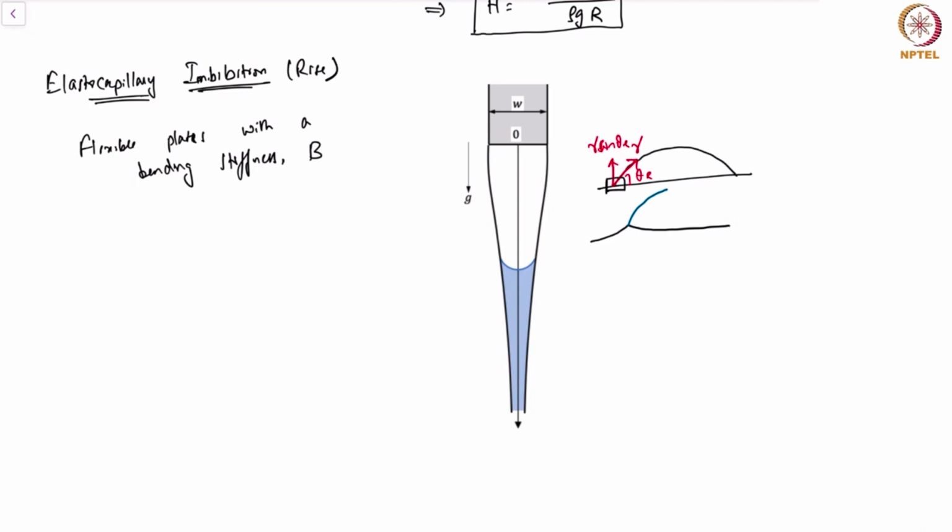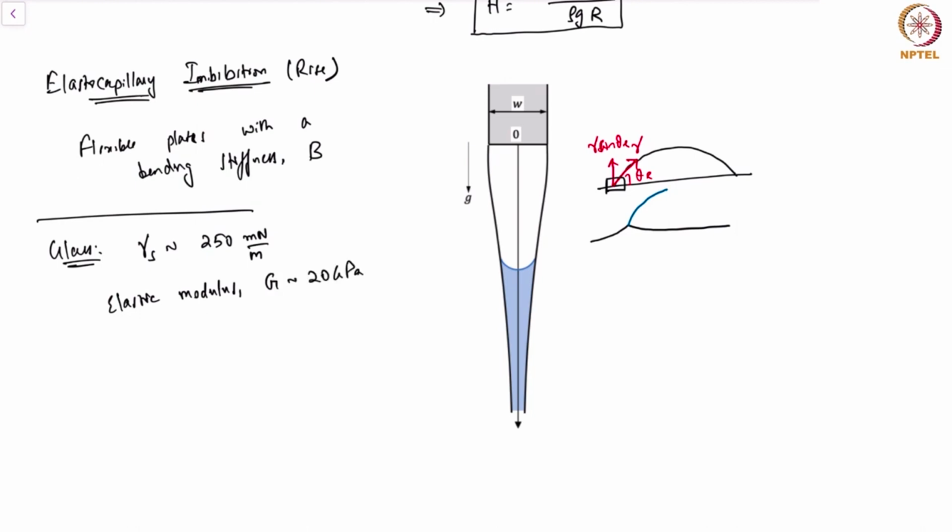If we look at standard surfaces like glass as a medium, then its surface tension is of the order of 250 millinewton per meter. That's the surface tension or the surface energy of the glass. But then its elastic modulus, this quantity is G, and this quantity is around 20 gigapascals.